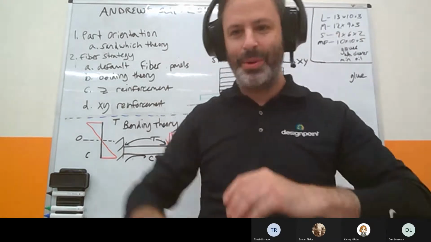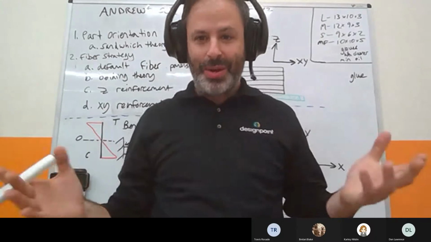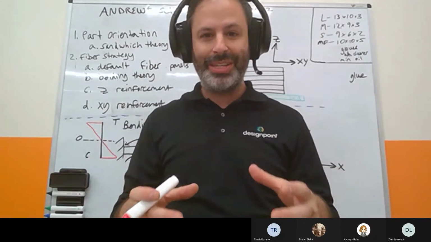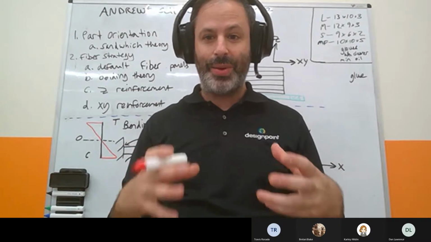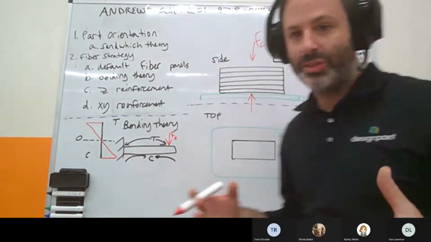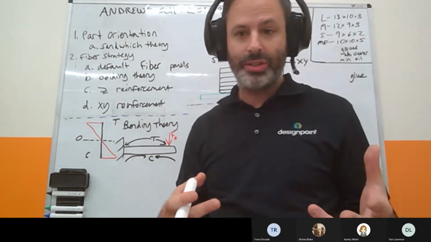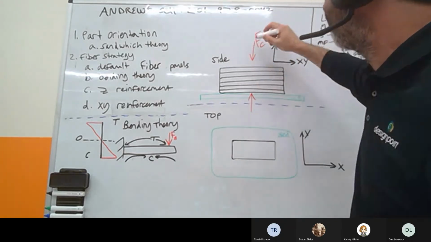You put a sandwich on the table, you put your hand on it, you press down, and you let go. The sandwich is still there, right? It still exists. Maybe it's a little smushed, but it's still intact. So actually, in the z-axis, under a compressive force, a 3D printed part does pretty well in compression, right? Because it's like you're pushing everything together.